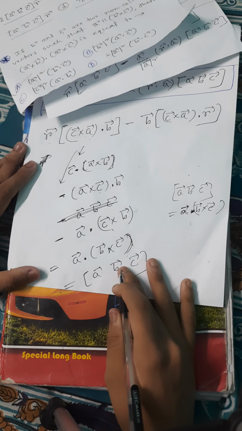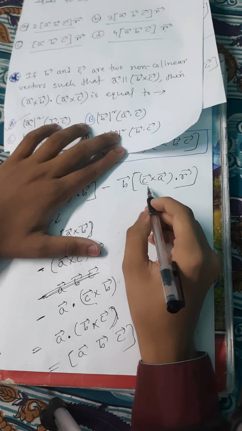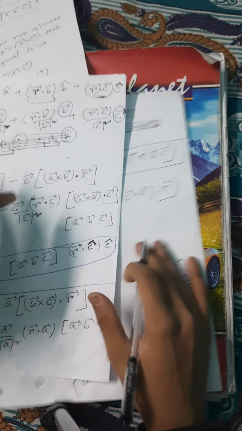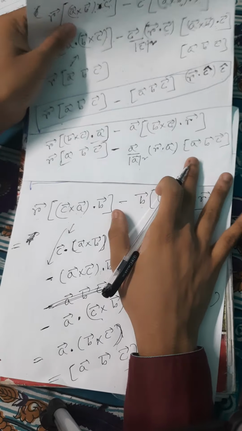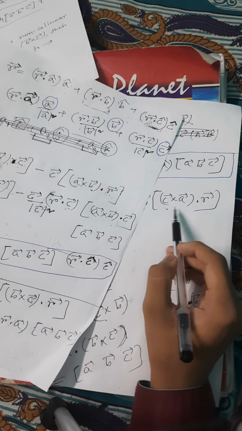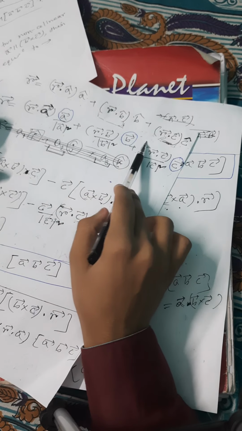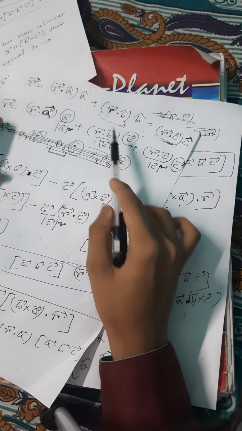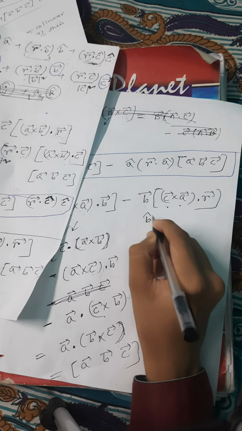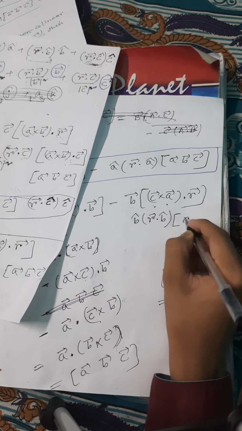Ultimately this is ABC, and similarly use this. So c cross a is perpendicular to c and perpendicular to a. So these two terms will vanish. So the b term will remain, and this constant will come out, and we get b cap, r vector dot b cap, and here also ABC.